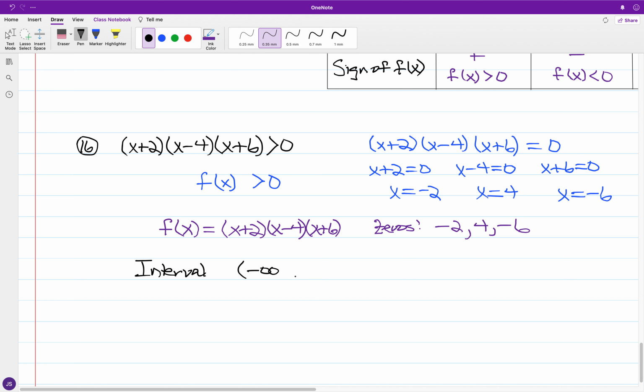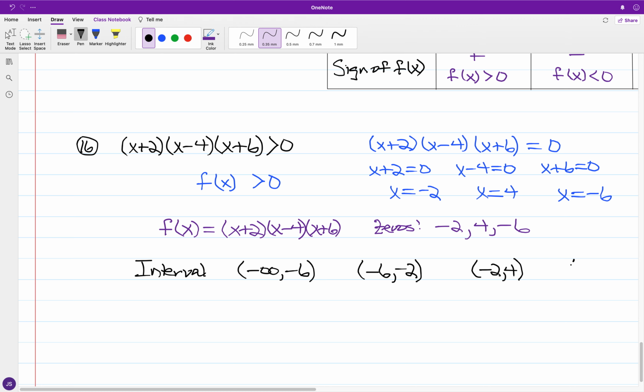Okay, so you have between negative infinity and the smallest of the zeros, negative 6. Then bypassing negative 6 and proceeding past negative 6, approaching the next zero, in this case we have negative 2. Then we have between negative 2 and 4.